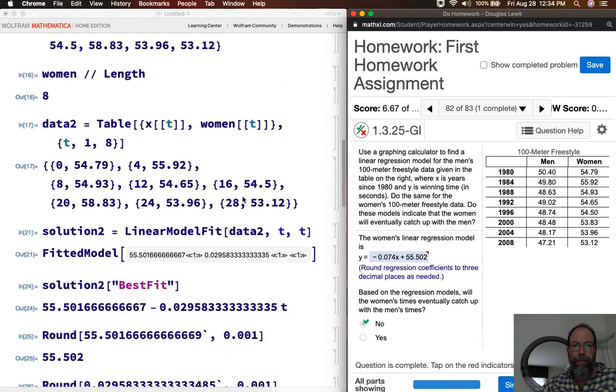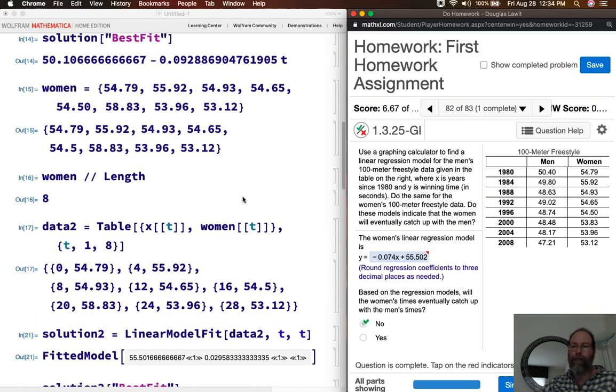I'm a little bit tired, so there could have been a problem with that. 54.79, 55.92, 54.93, 54.65, 54.50 or 54.5, same thing, 53.83, 53.96, 53.12. So there is a little bit of a discrepancy here.